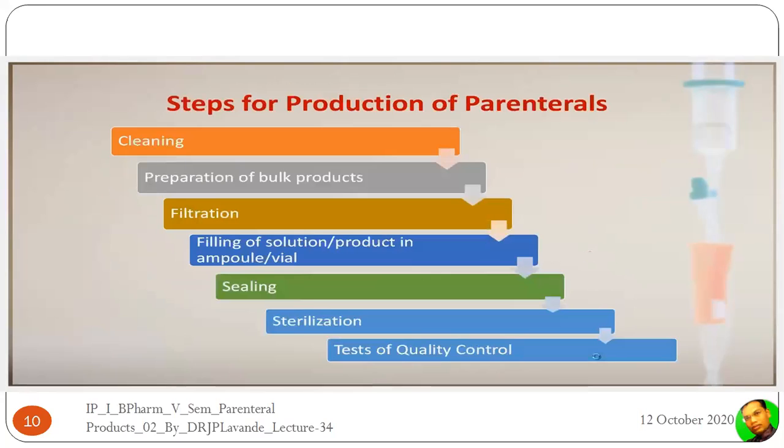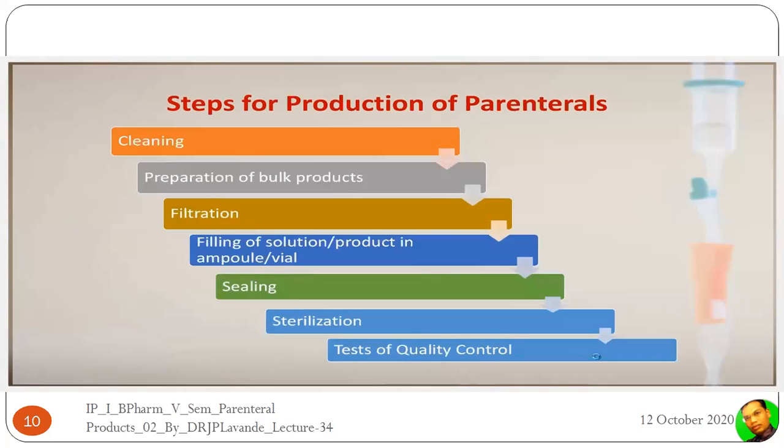Now the different steps that are involved for the production of parenterals, as you can see: first we require the cleaning of equipment and cleaning of all the glassware. Then the preparation of the bulk product, like the solution. Then the filtration, in order to remove any kind of particulate matter.